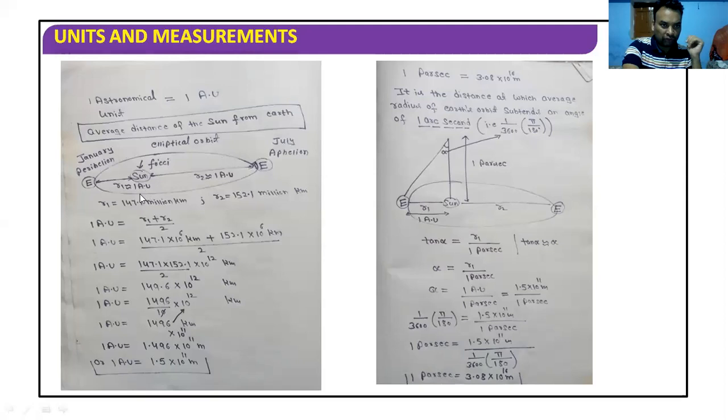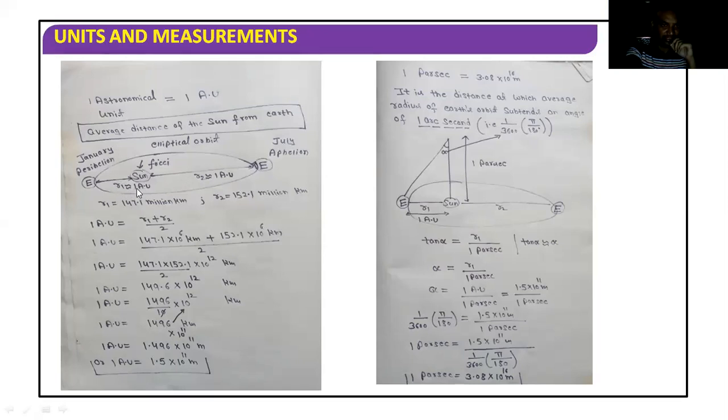Again, focus on this diagram. Because one astronomical unit is the average of these two radii, I can take R1 nearly equal to one astronomical unit.